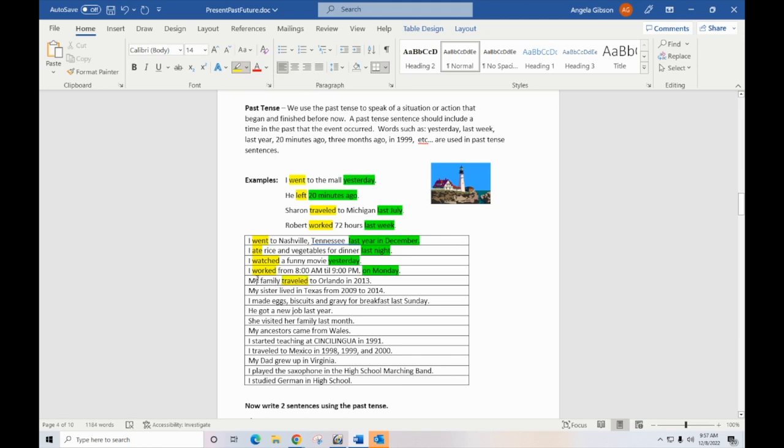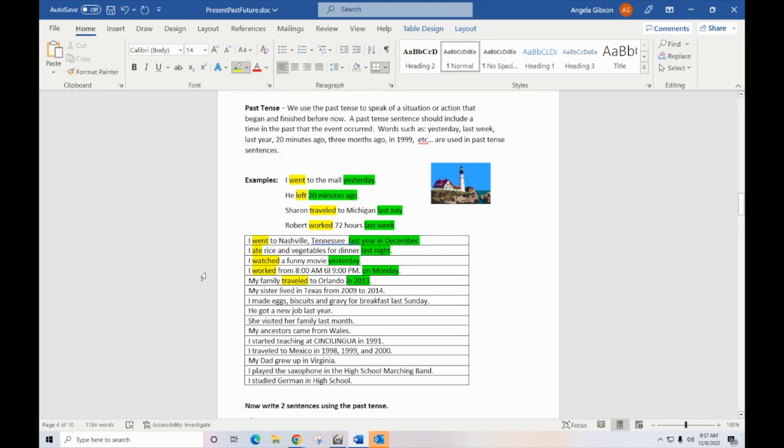Traveled is our past tense verb. And when did I travel? I traveled in 2013. So when you're speaking about something in the past tense, you want to make sure that you use the past tense verb, but you also want to put the past tense time that action occurred.